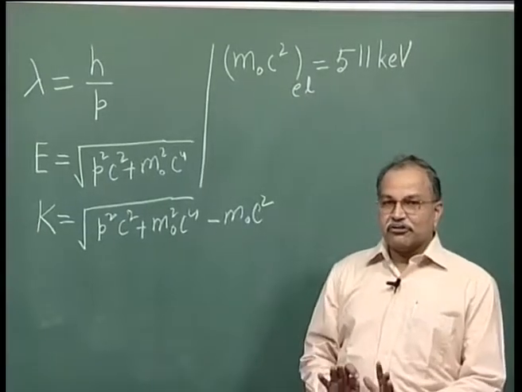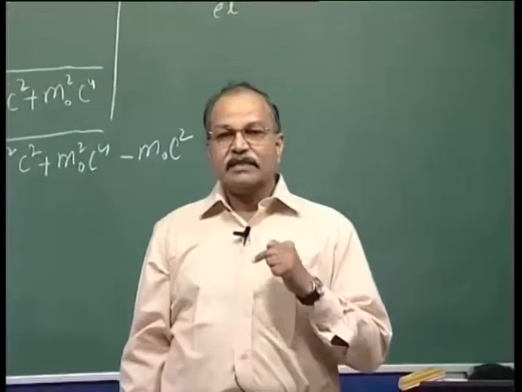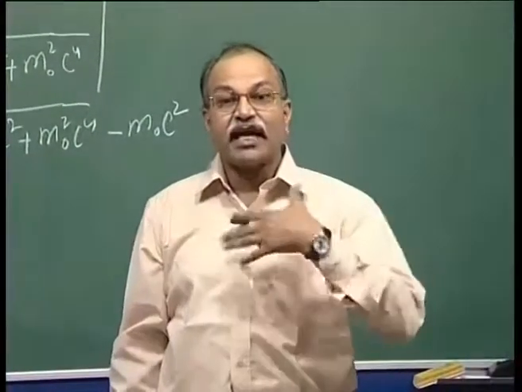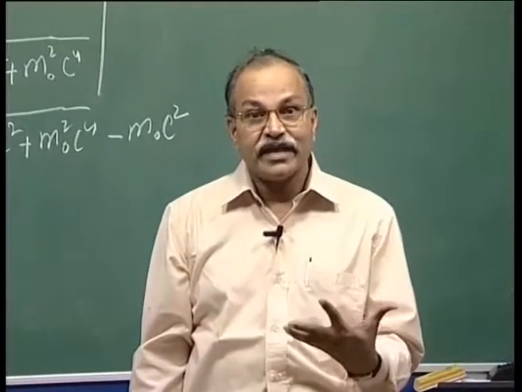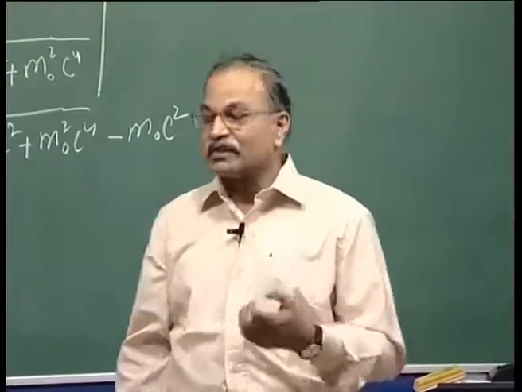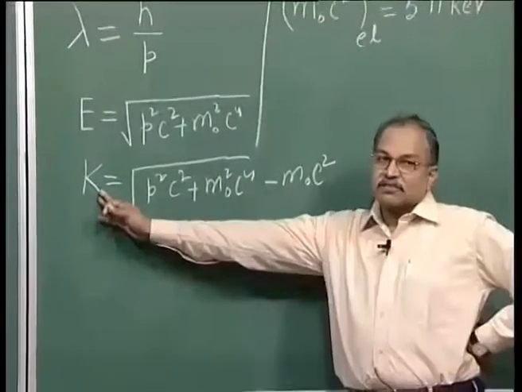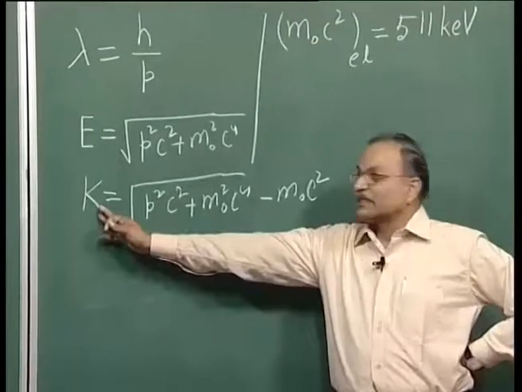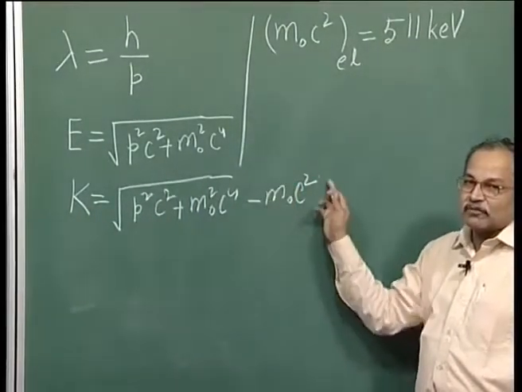Now, if the rest mass energy is 511 keV and the kinetic energy is many times that, if the kinetic energy is large as compared to the rest mass energy, then what happens? Probably you will neglect this minus m naught c square from here.